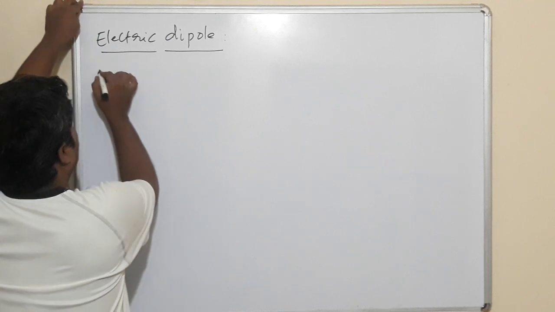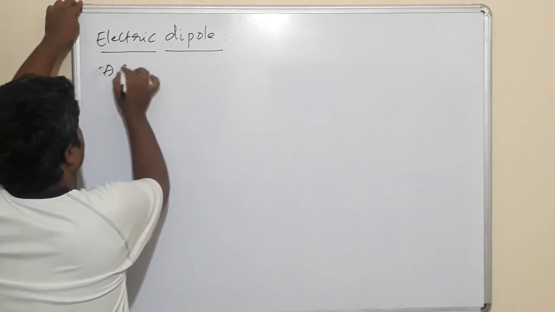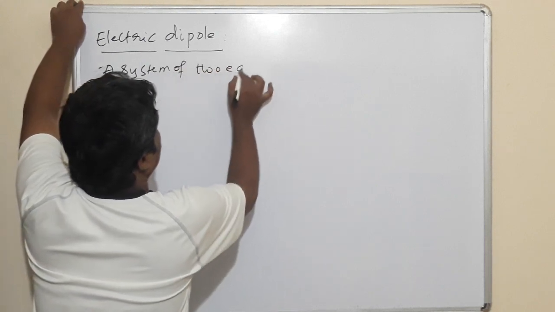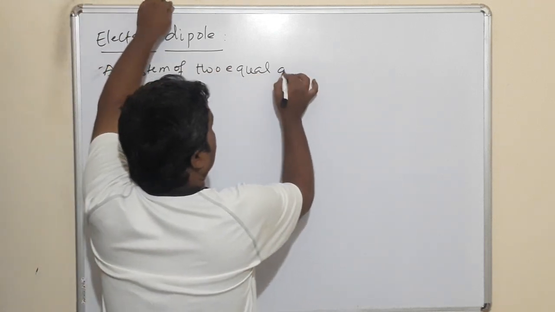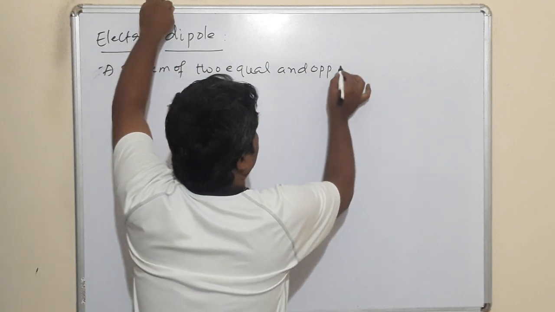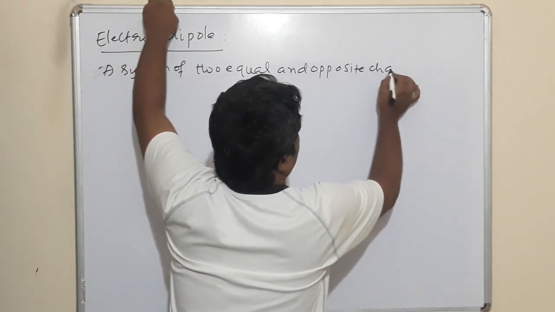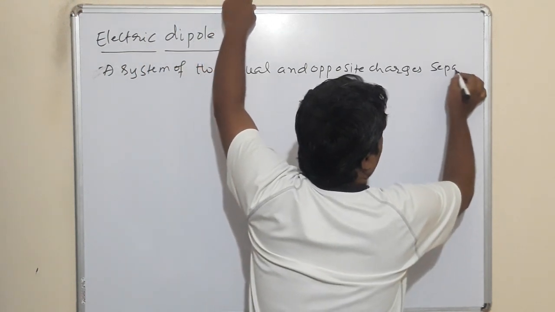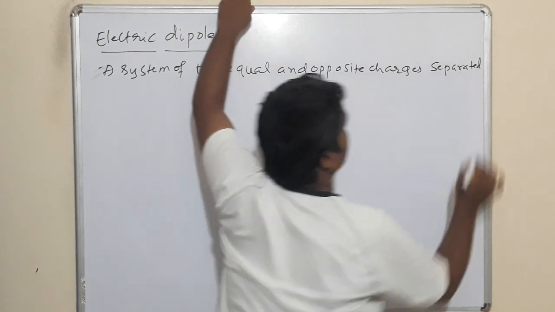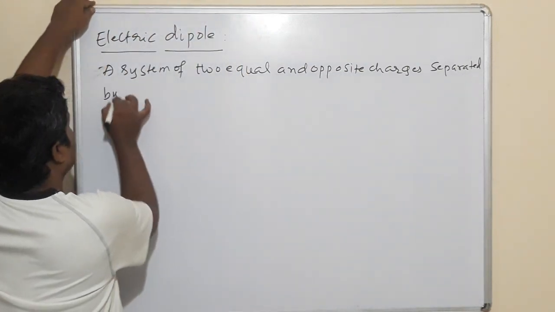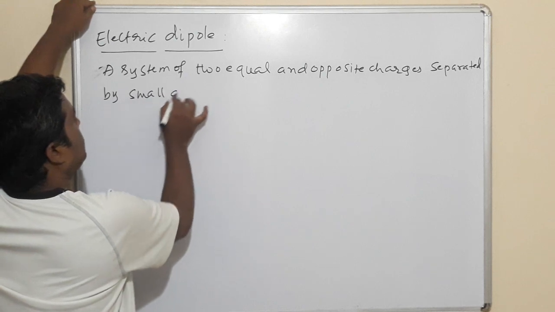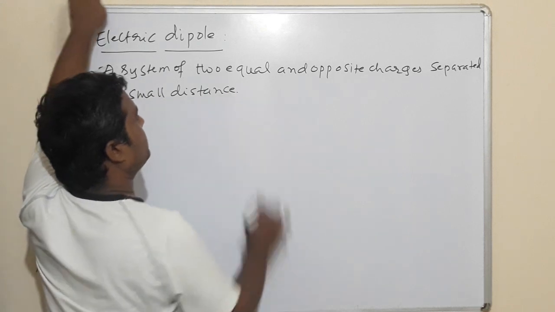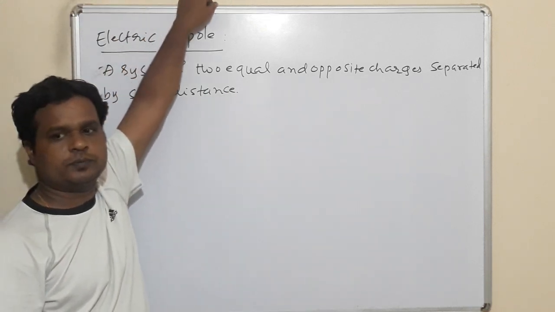It is a system of two equal and opposite charges separated by a small distance. This system is called an electric dipole.